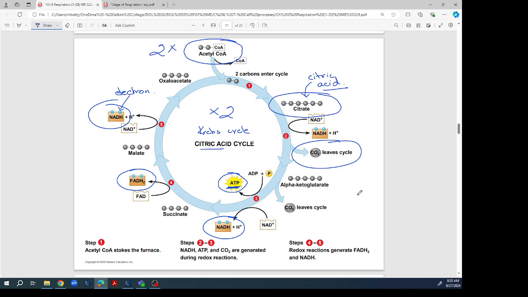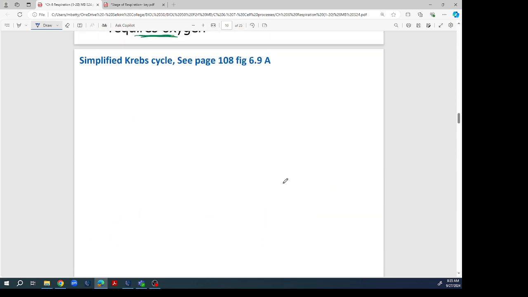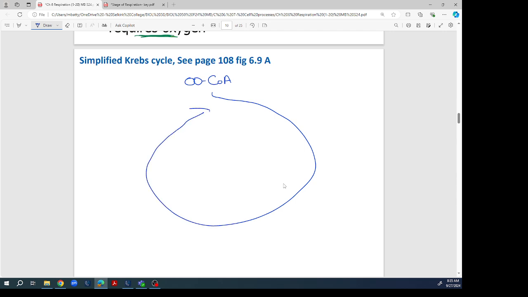If I were to summarize this, the key things that really matter are that we have acetyl-CoA coming into it, and it is a series of carbon adding and removing steps in a cycle, right? And so we have oxygen going in and carbon dioxide coming out.